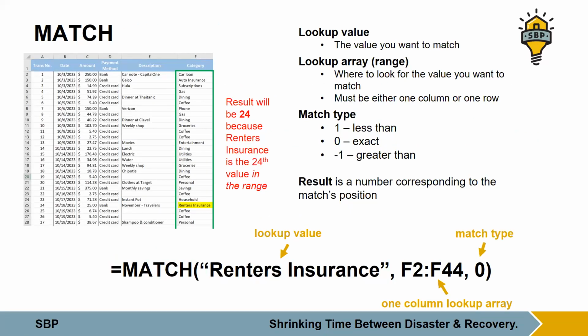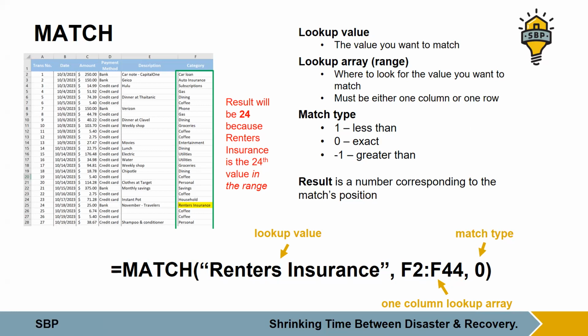First we're going to talk about MATCH because it's inside that INDEX formula, and I think that'll make it easier. So this is a more simple formula. MATCH has a lookup value, a one-column lookup array, it either has to be one column or one row, and then a match type. The lookup value could be a number, it could be text in quotes, it could be a reference.